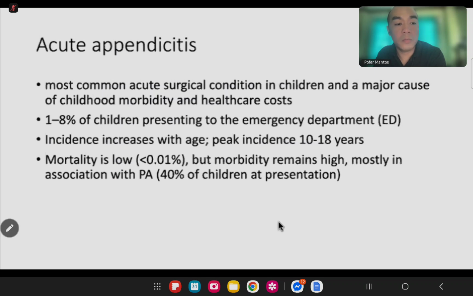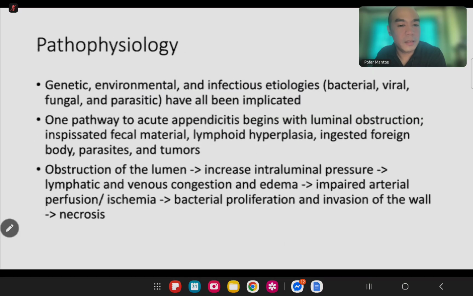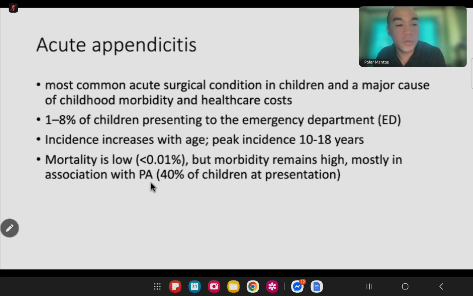It has a low mortality rate, but morbidity remains high, mostly for those with perforated appendicitis or ruptured appendicitis.